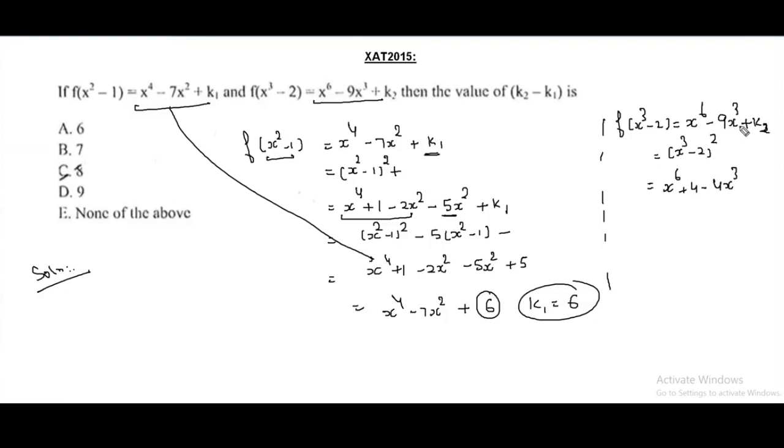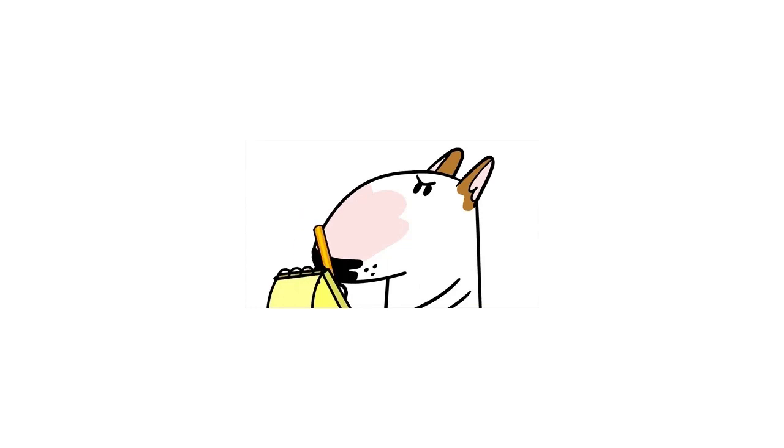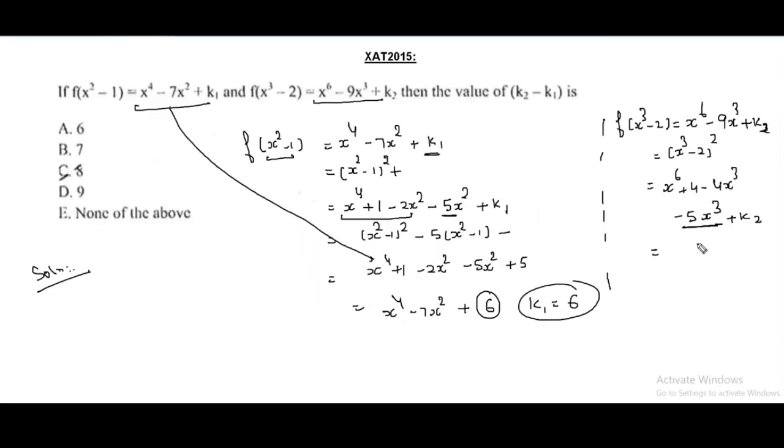Again I need minus 9x cube. I have already got minus 4x cube, so I'll subtract minus 5x cube as well. That is the same. Now again write down this equation in terms of x cube minus 2. So what do I get? I get plus 10 extra and plus 4 here.